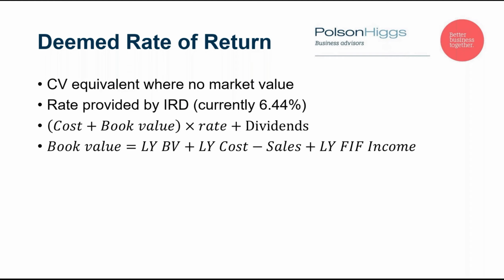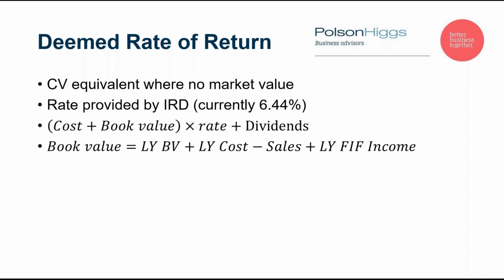How do we calculate our cost? Well, our cost is our cost plus our book value. And our book value is last year's book value plus any purchases, less any sales, plus last year's FIF income. So once again, we're looking to increase our cost by our deemed rate of return. Very similar to the cost method, we effectively keep increasing our cost base by our returns in prior years.